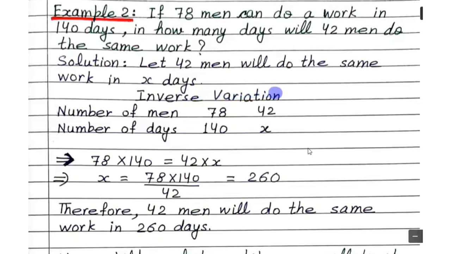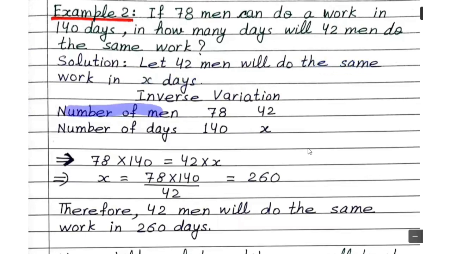The more you increase the number of men, it will take less time. But here the number of men decreased, right? So it will take more time here. Time here means the number of days. So let 42 men do the same work in X days, right?